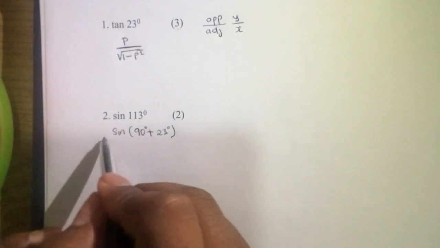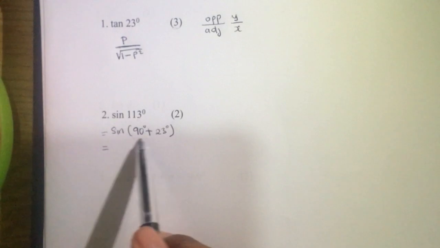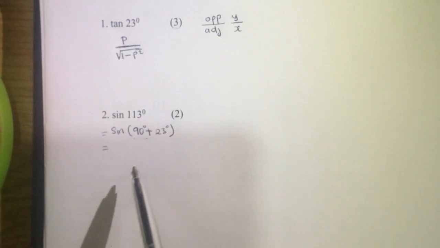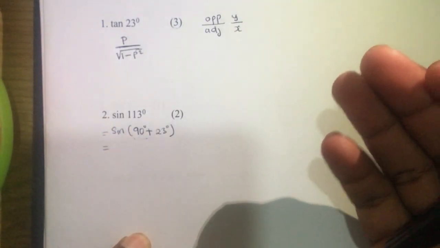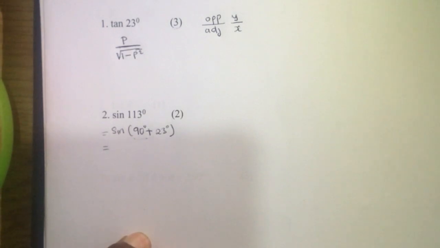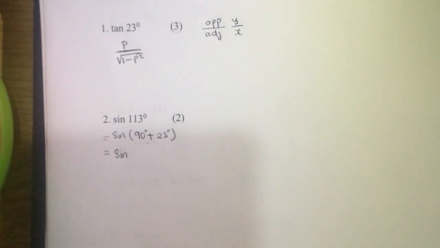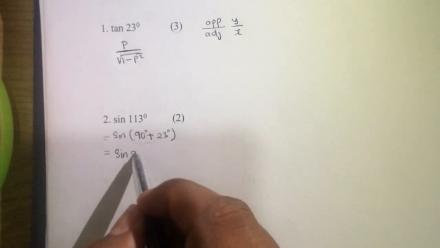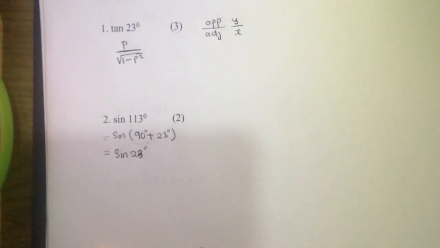To continue simplifying this, we must know which quadrant 90 plus is in. That's the second quadrant, right? Which trig ratio is positive in the second quadrant? Sine is positive in the second quadrant. So sine will come back positive, and our reference angle that was given there is 23.